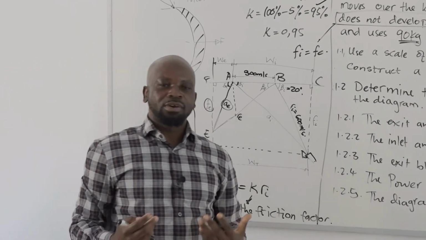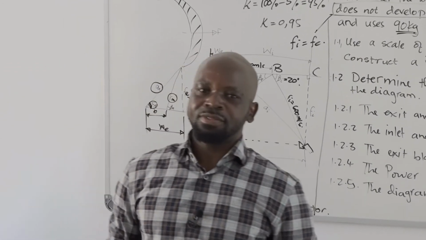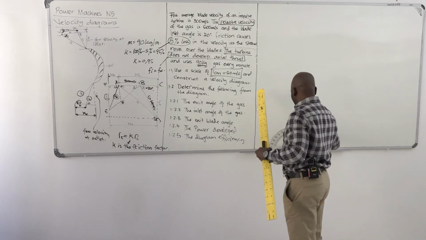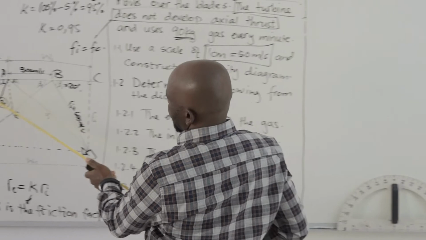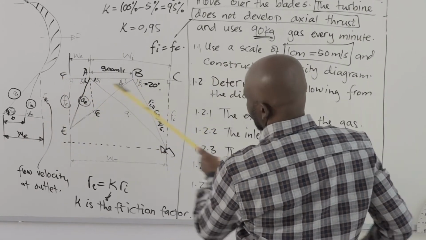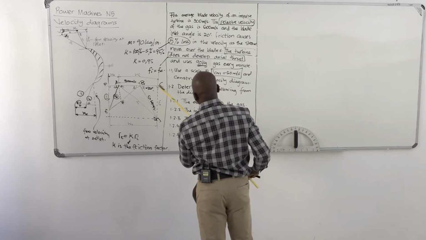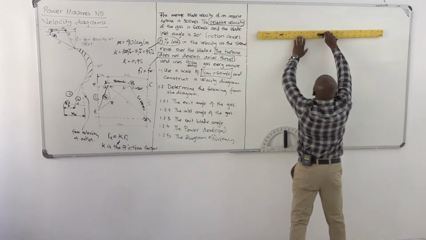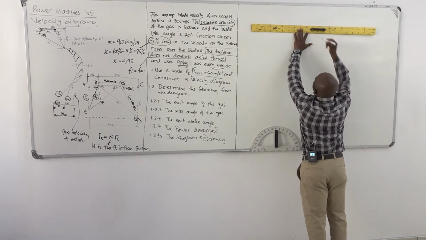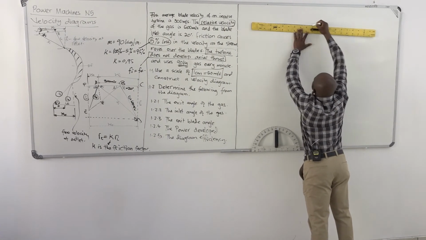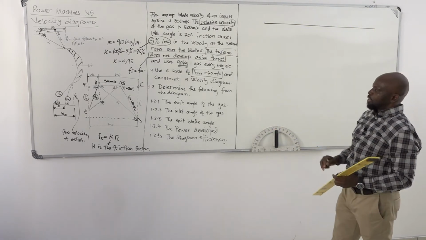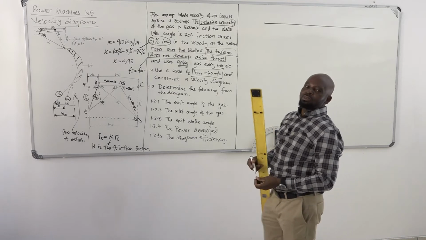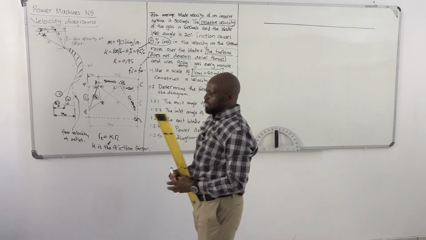Right, the first question that comes to your mind is, where do I start? We always start from our line FC. We always draw our line FC first, which is drawn horizontally and in landscape form. Where to start will depend on the data that you have been provided with.